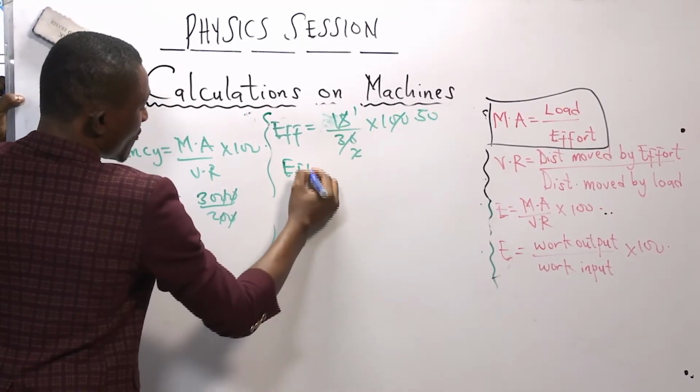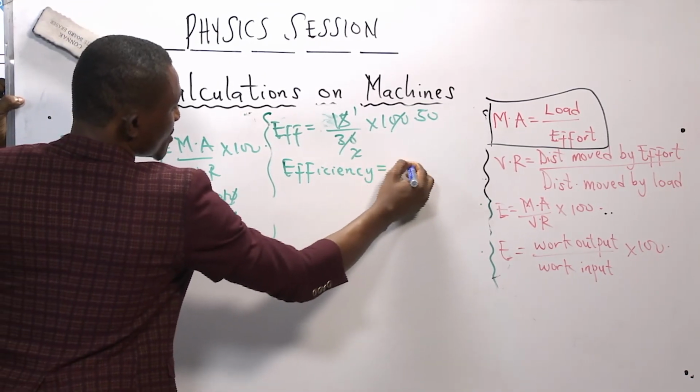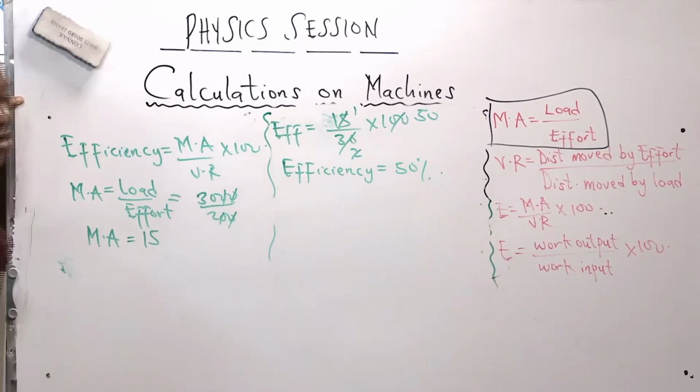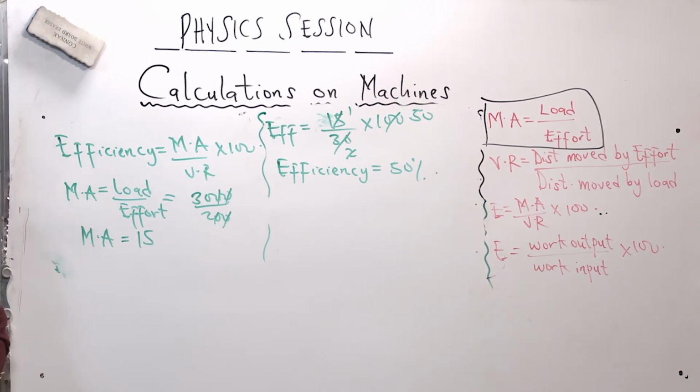So our efficiency will be equal to 50%. So the correct answer to that question is 50%. So Benedicta, Emeka, Onyeka, Okpeyemi, and then Oreolua, thank you very much. You corrected yourselves. Yes, it's 50% and not 15. So thank you very much.